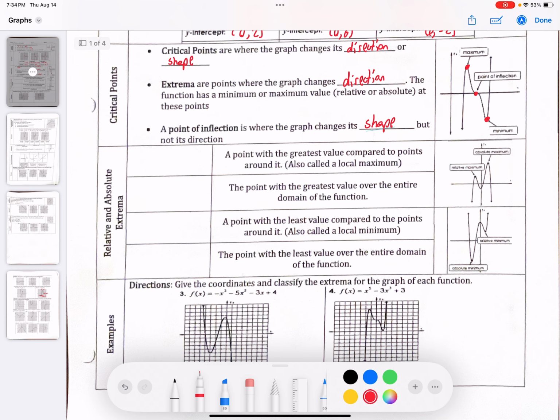So relative and absolute extrema. You've got a relative maximum, which is a point with the greatest value compared to the points around it. So this is called a relative maximum. And the point with the greatest value over the entire domain of the function is an absolute maximum.